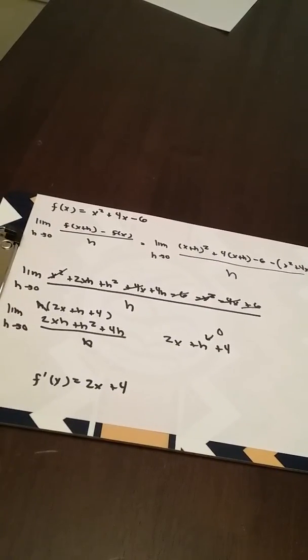So the slope, the rate of change at any given point can be defined by the function 2x plus 4. So if we were to say what's the slope when x equals 4, we can plug it in. So 2 times 4 is 8, plus 4 is 12. So this is the basic definition of a derivative.